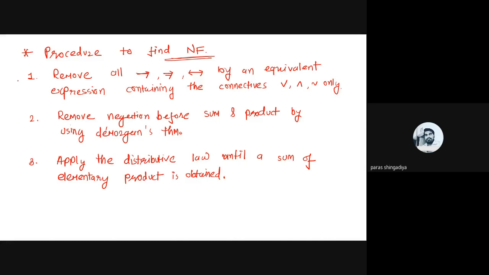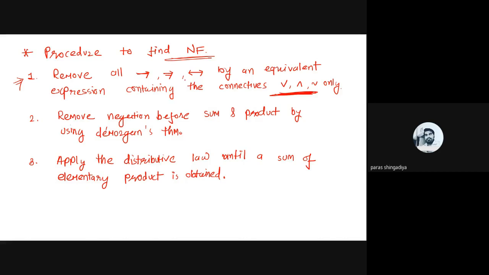First step, remove all conditional operators, tautological implications, biconditional, by equivalent expressions containing the connectives OR operator, AND operator, and negation only. We can use only these three to replace the conditional, biconditional, and tautology.